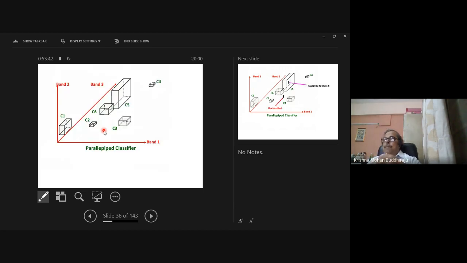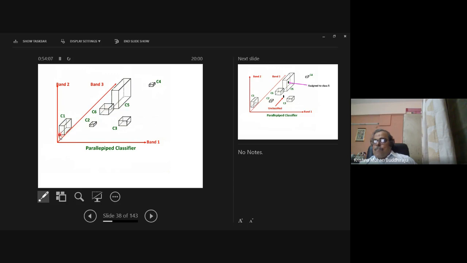Another example: suppose from the samples, here we have a 3-dimensional space. Let's say class number 1. This is feature 1, in this direction feature 2, in this direction feature 3. These boxes are all imaginary boxes. They are not physical.